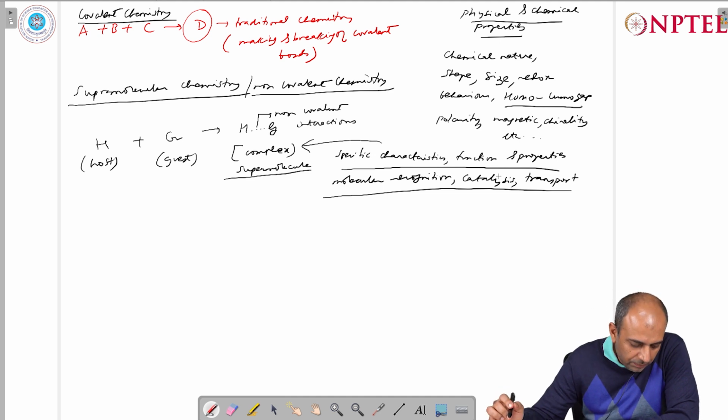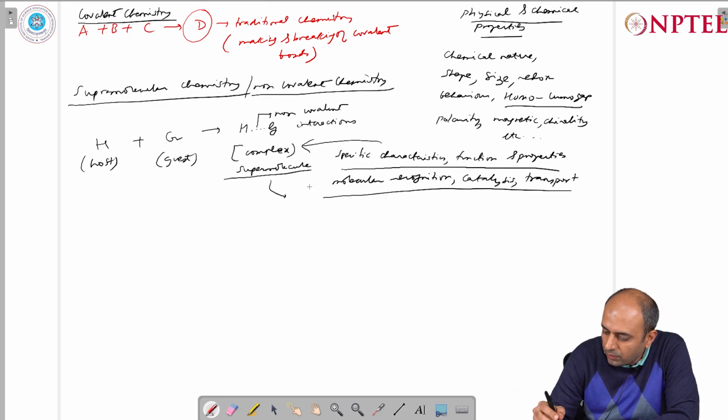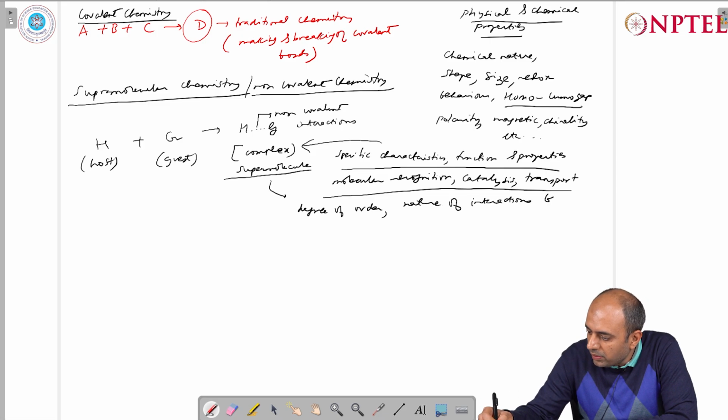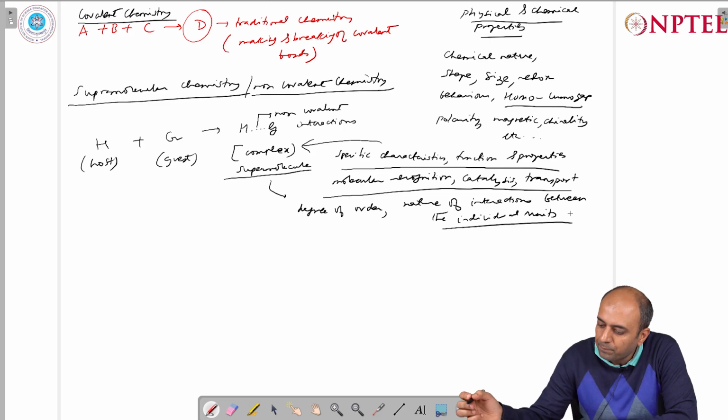supramolecular complexes. And when you have this supramolecular complex, we are interested to know what is the degree of order and what is the nature of interactions between the individual units.